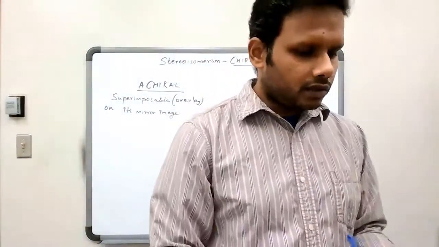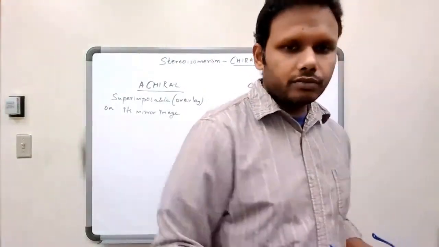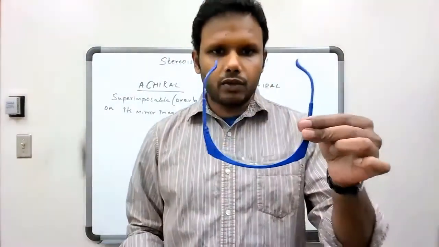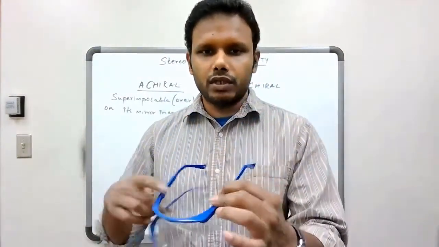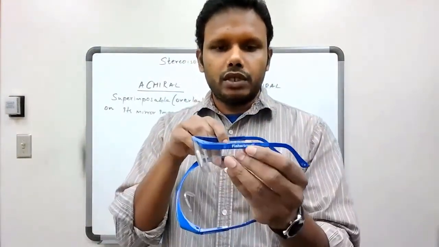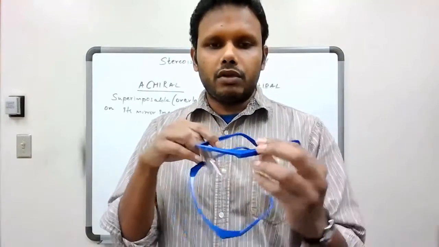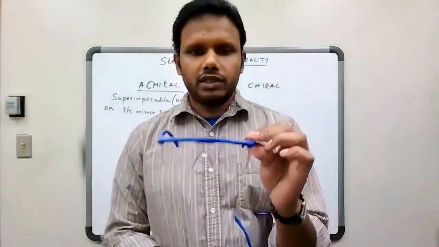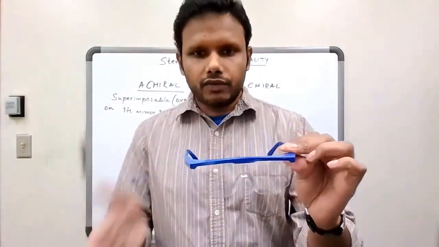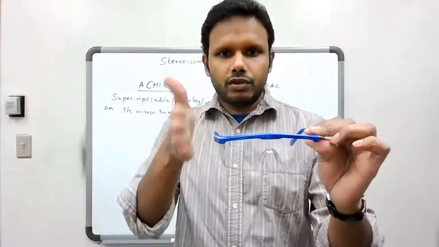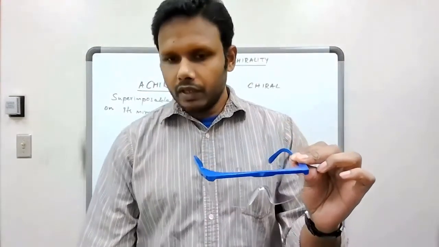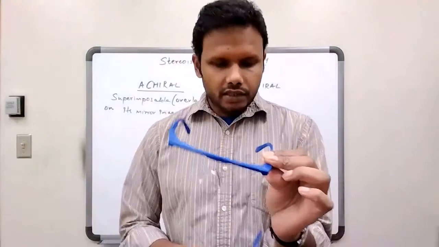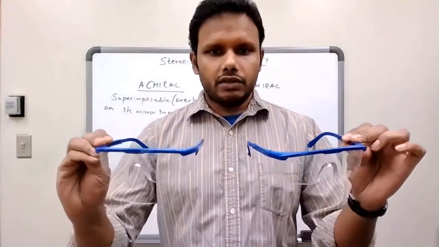I found another achiral object here, my safety glasses. Again, I'm going to ignore the label on the safety glasses. If I hold them in front of an imaginary mirror and think about the mirror image, I'm going to see another safety glass.